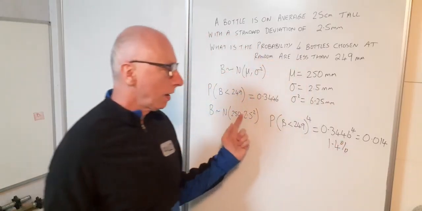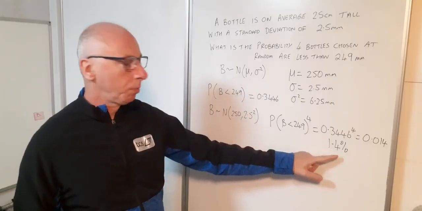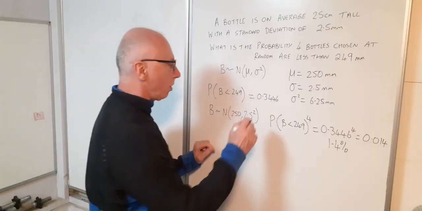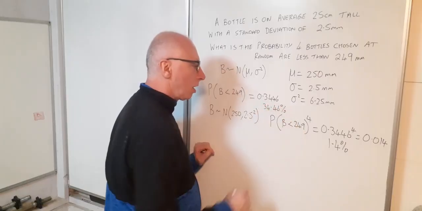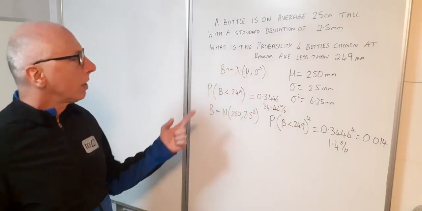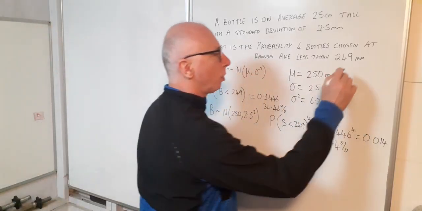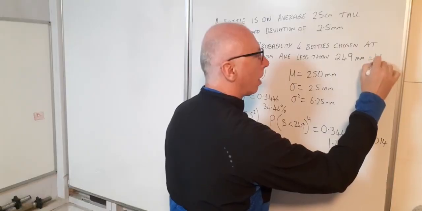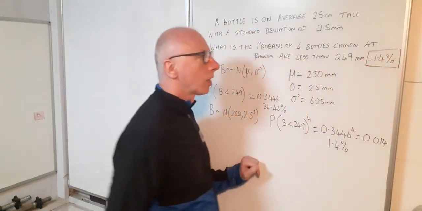So we can see here to get 4 on the trot, or 4 from the sample, sorry, is 1.4%, whereas to just get 1 alone is 34.46%. So a probability to get 4 bottles chosen random less than 249 millimetres, 1.4%. And that would be the answer to our question.